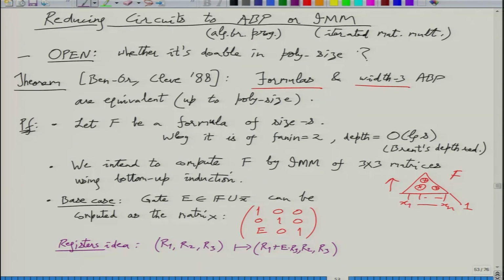So if you want a lower level implementation of this, what it is doing to 3 registers is that it uses the last 2 registers, and in fact it uses the last register R, scales it up by E and then adds to the first register.